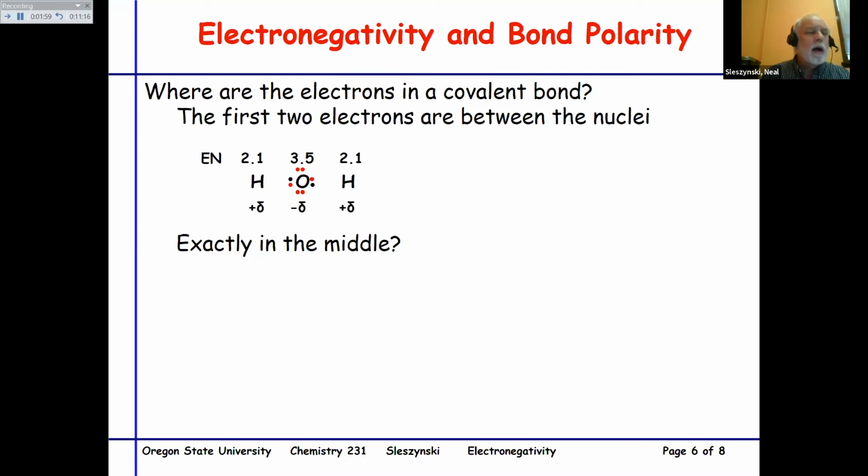If we go ahead and try to designate these symbolically in a molecule, we'll use a small Greek delta to indicate not a full charge, but a partial charge. And then we can see inside of a water molecule, the oxygens carry a slight negative charge, the hydrogens carry a slight positive charge, meaning that these bonds are polar.